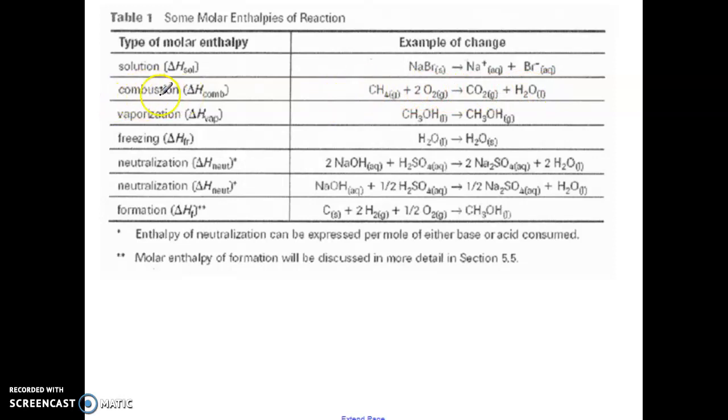If we're talking about the combustion of a hydrocarbon, typically the focus is on the hydrocarbon itself, right? Normally, if we're talking about a combustion reaction, we're not really talking about the formation of water. We're talking about, well, what is the molar enthalpy for the combustion of that hydrocarbon? But needless to say, the delta H for the molar combustion of methane is actually the same as the molar for these other two.